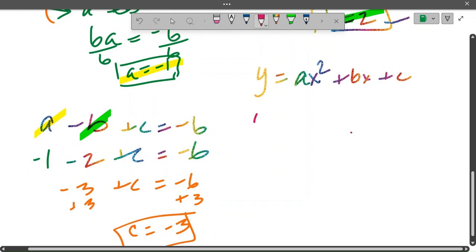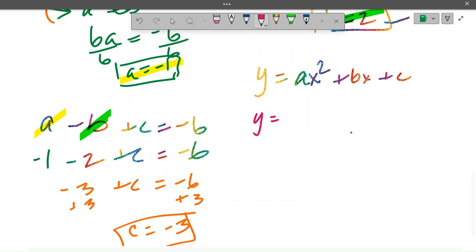So remember, we need to keep y and x because that allows us to put everything in. So when we have a -1 in math, we often don't write -1, we just write negative. So a is negative x squared, plus b was 2x, and c is -3.